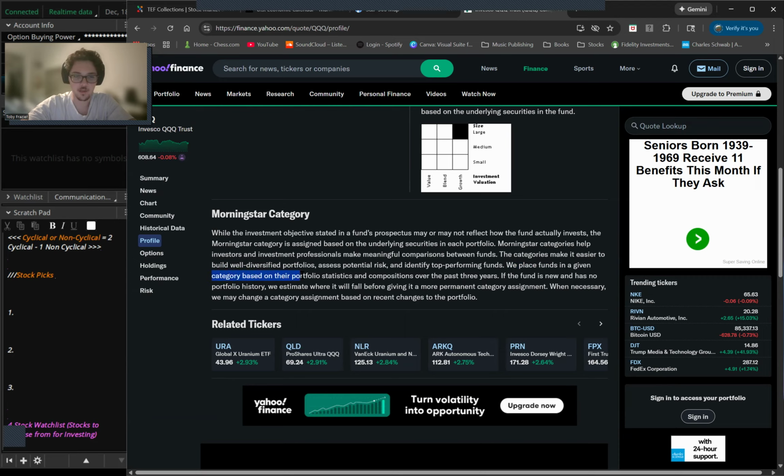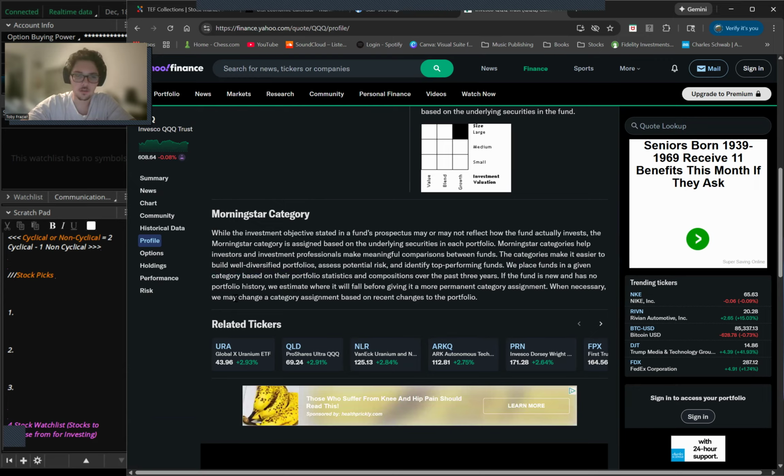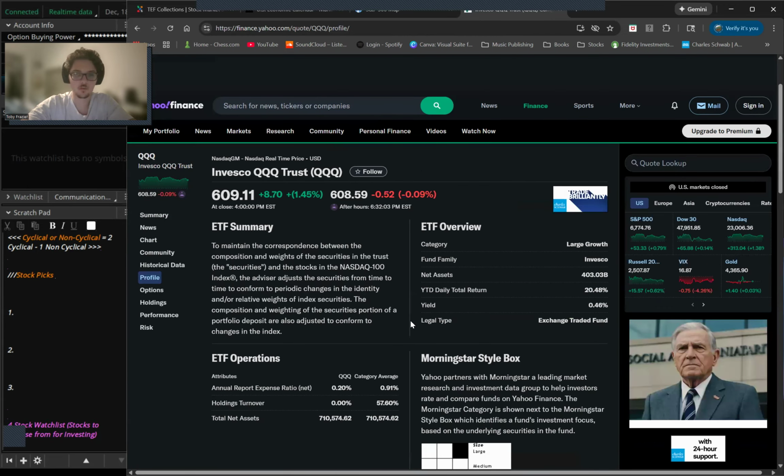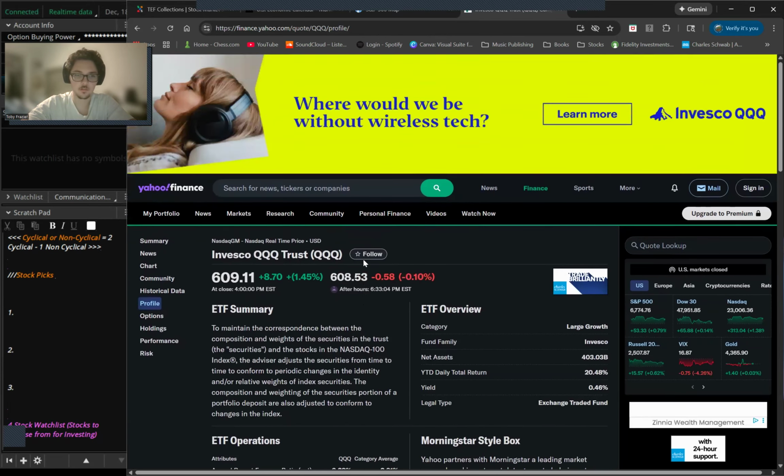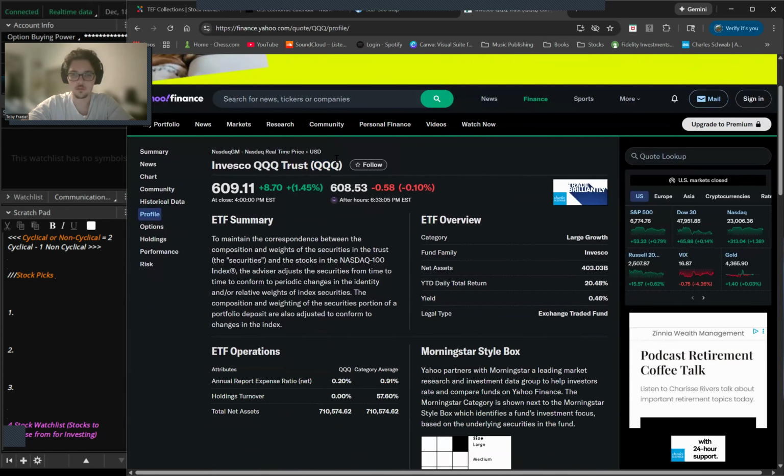See, we place funds in a given category based on their portfolio statistics. So it says large growth, net assets.